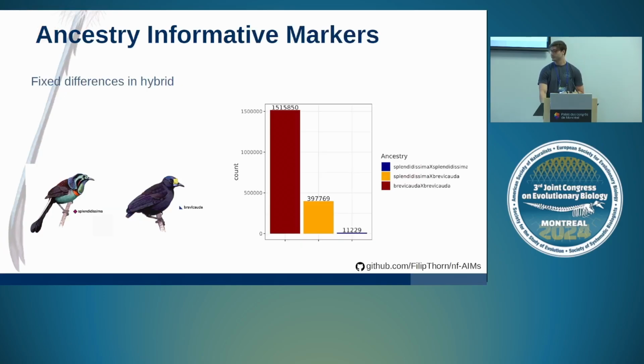And when we look at ancestry informative markers for this individual, we look at fixed sites in the parental populations, and we look at what identity these fixed sites have in the hybrid. We see that we have a lot of homozygote sites that are fixed for brevicauda, and then we have some heterozygote sites. So it's an indication that this is a backcross towards brevicauda.